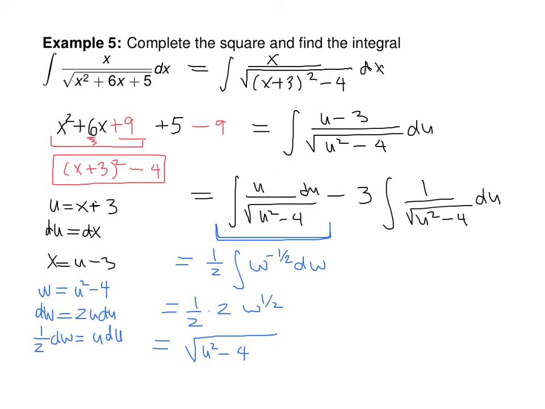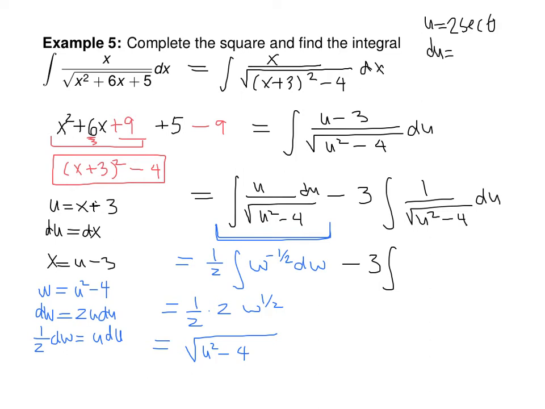The second component we're going to have to use a trigonometric substitution to figure out. So minus 3. Now because our integral here is u squared minus 4, the substitution we will use there will be u equals 2 secant of theta.